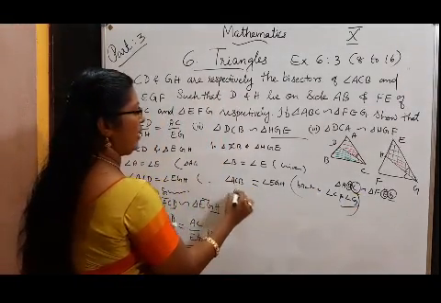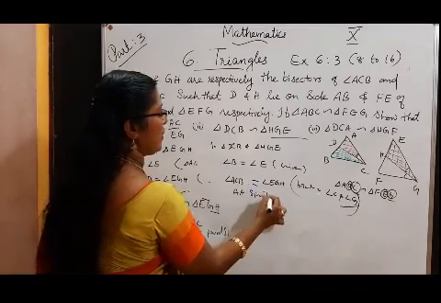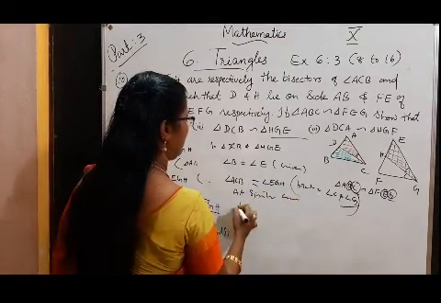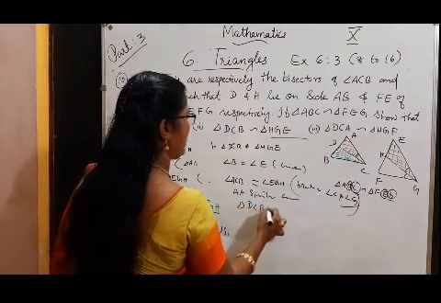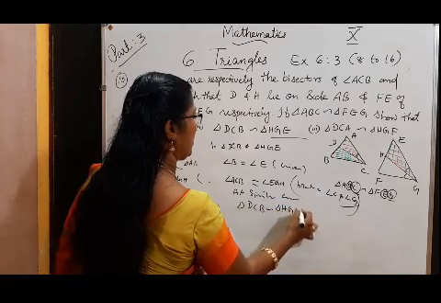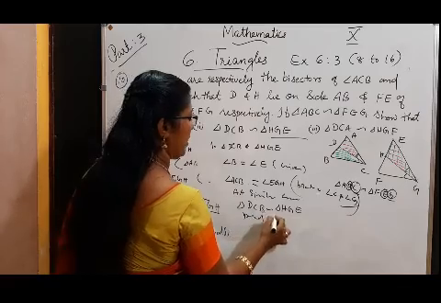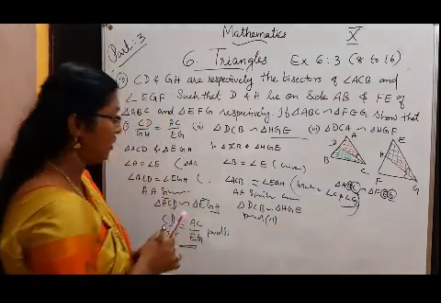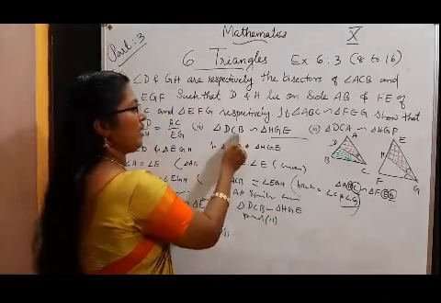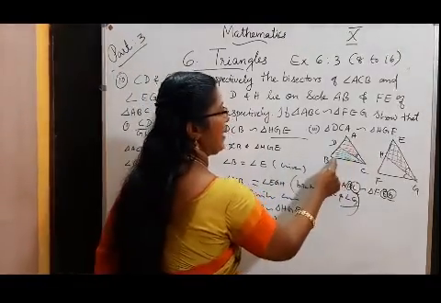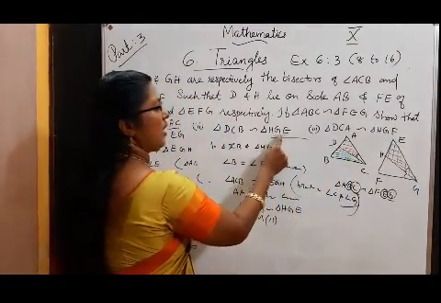So we can write by AA similarity criterion, triangle DCB is similar to triangle HGE. That is proved second.